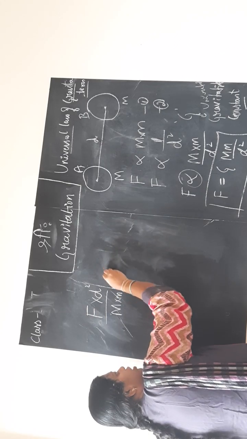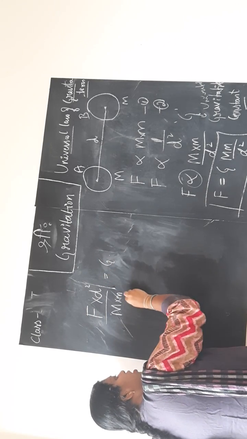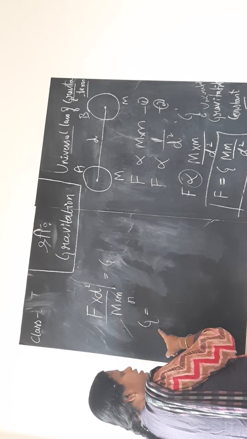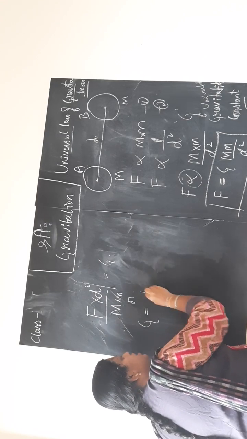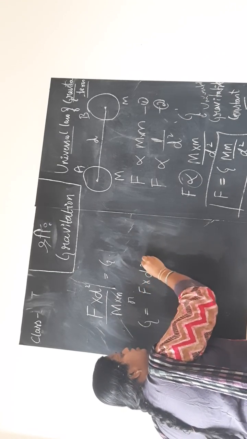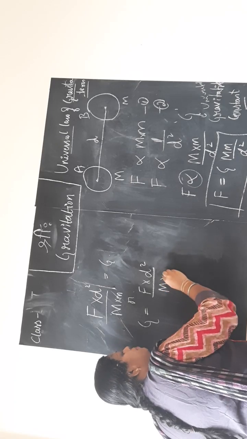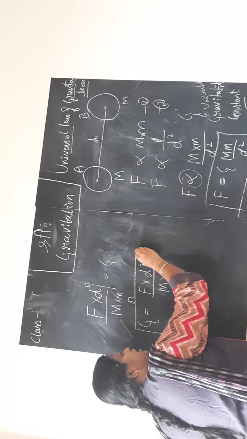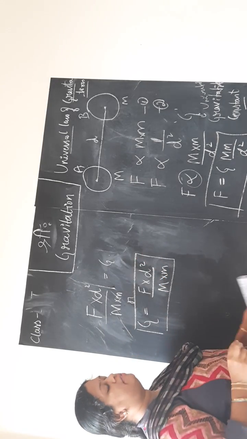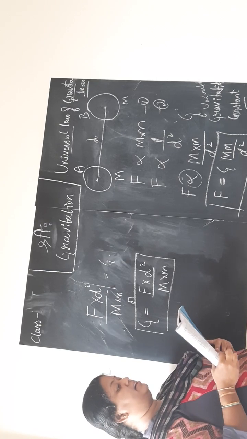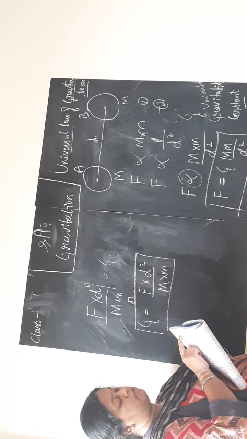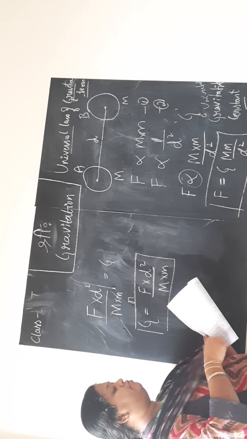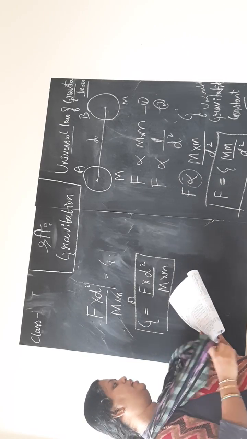Capital M into small m is equal to G, or we always have in the formula the term on the LHS, children. So G is equal to F into d square divided by M into m is the formula for the universal gravitational constant capital G. In page 134 you have been given the formula. G is equal to F into d square divided by M into m.